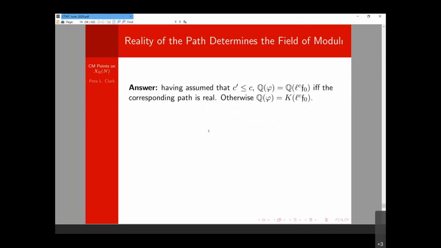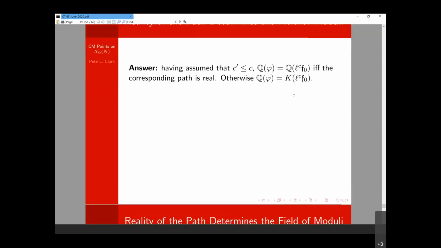Eliding some details for time, it turns out that whether your path in the isogeny volcano is fixed under complex conjugation is exactly the dichotomy that you're looking for. So your field of moduli is going to be the rational ring class field if your path is fixed under complex conjugation, and it is going to be the compositum of that with K if your path is not real.